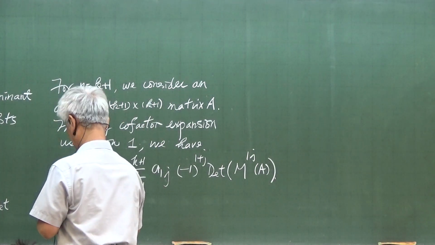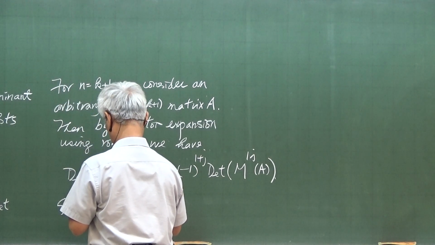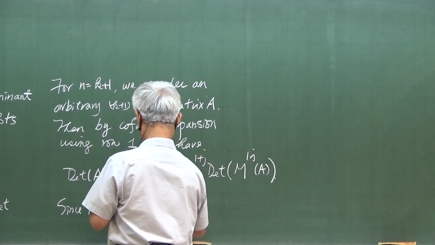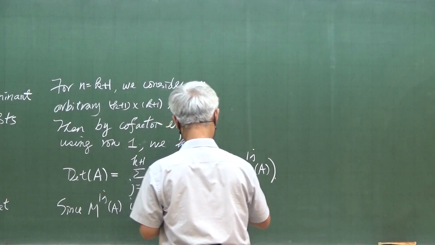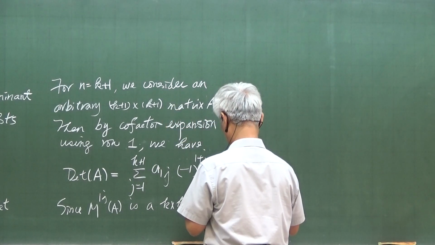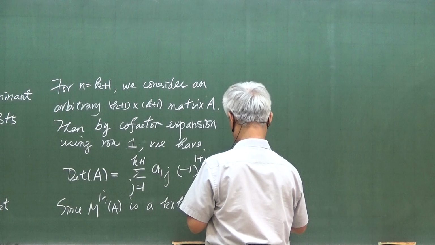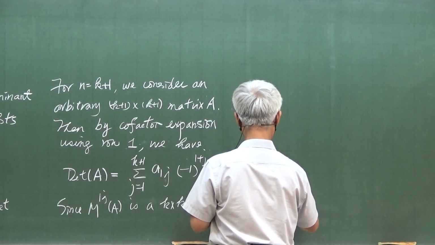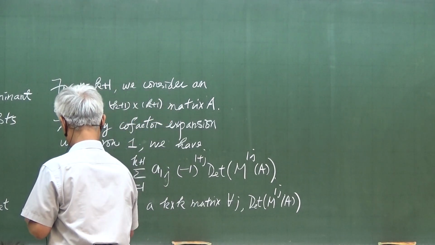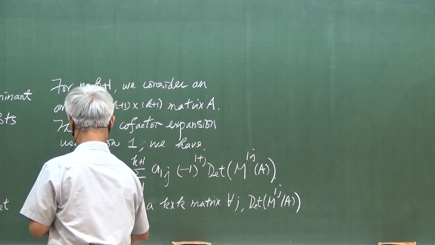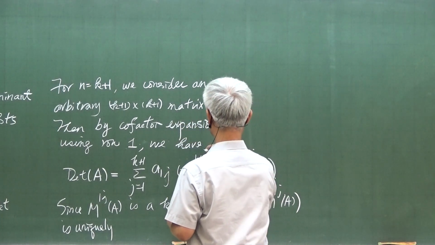Now since M1jA is a k times k matrix for all j, the determinant of M1jA is uniquely determined.